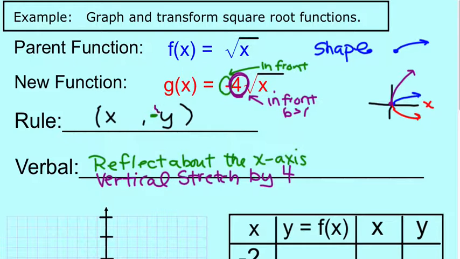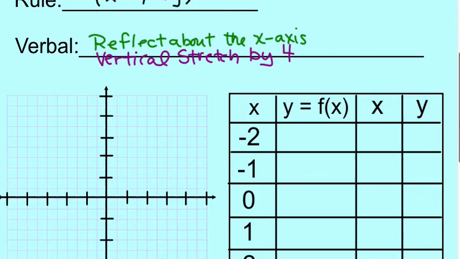So I'm going to go ahead and throw a 4. It's looking kind of messy there. There's the negative. I'm going to multiply every y value by 4, because we're stretching it vertically. Vertical is always the y values.